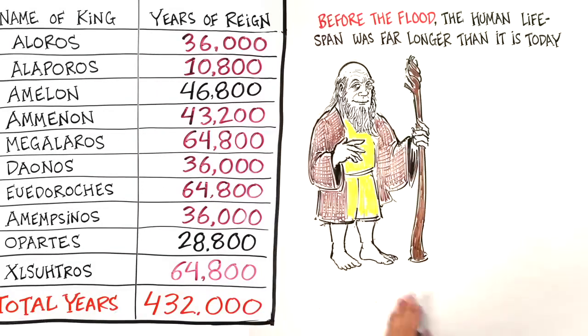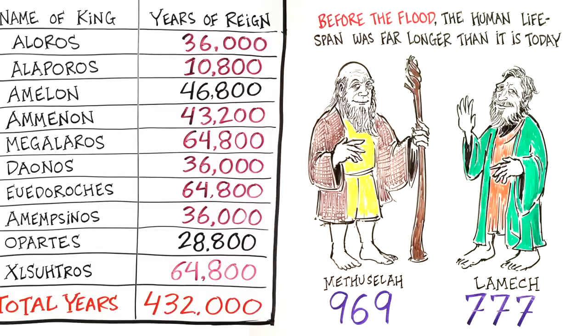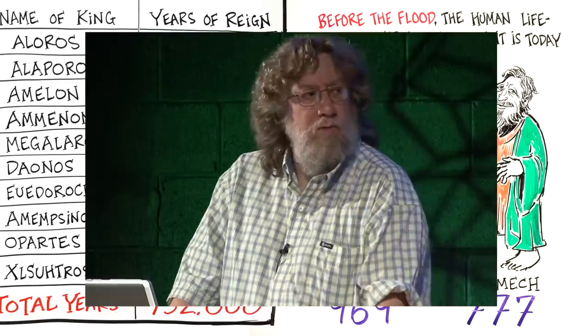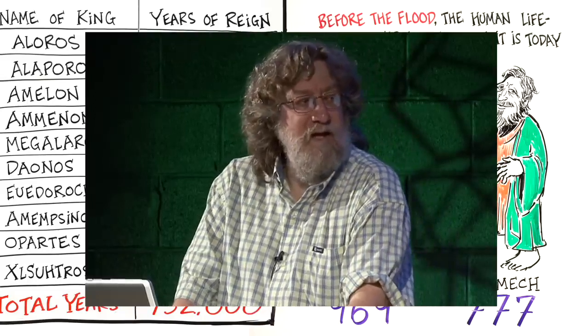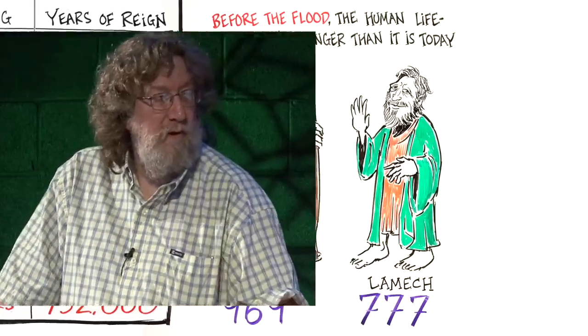We've all heard about Methuselah living to be 969 years, right? Or Lamech being 777. It seems that in the biblical ages, they lived about an order of magnitude longer than our modern ages. Which, from my perspective, considering the things I'd like to get done in this lifetime, I would need at least that many years.